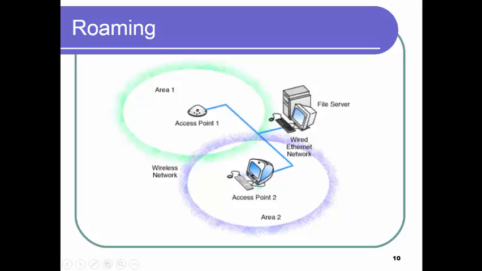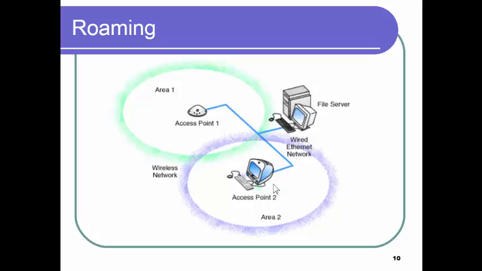If the two access points are connected with the backbone cable and the coverage areas are overlapped, then without disturbing the services offered to the mobile station, all the communication takes place through the multiple access points.